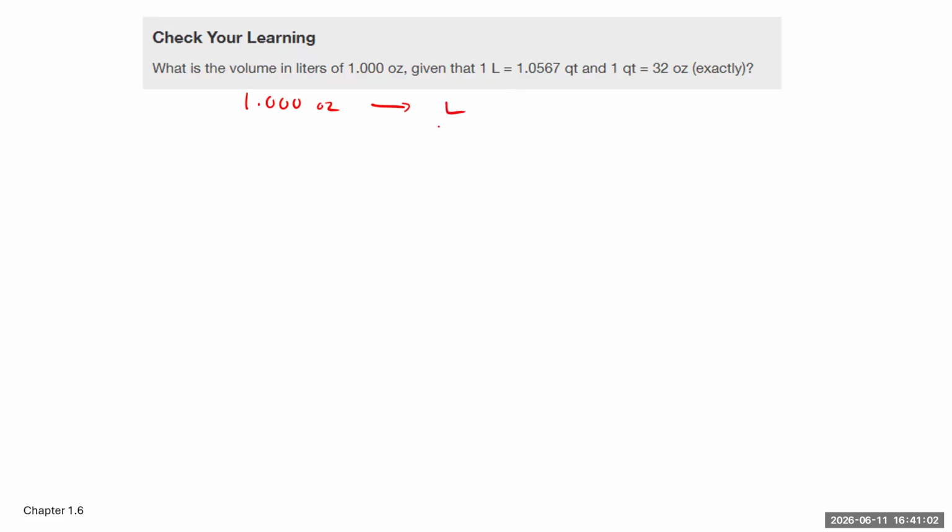But we don't have a direct conversion rate for that. So here we're going to have to skip. This lets us go from ounces to quarts. So ounces to quarts. And then we can go from quarts to liters. All right, so it's going to be a 2-step conversion.